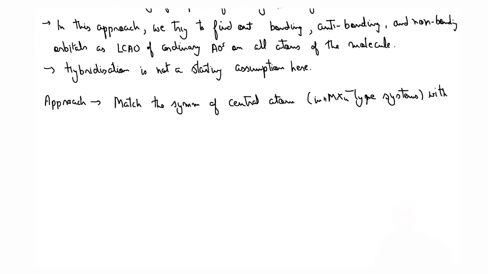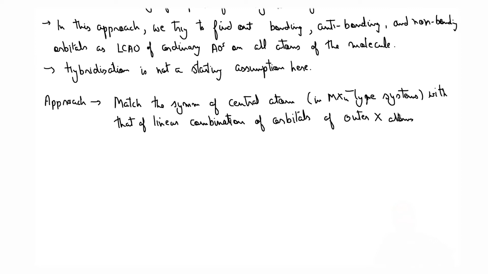you already know what the atomic orbitals of the central atom are. So you have to match the symmetry of that central atom atomic orbital with that of linear combinations of orbitals of the outer X atoms.